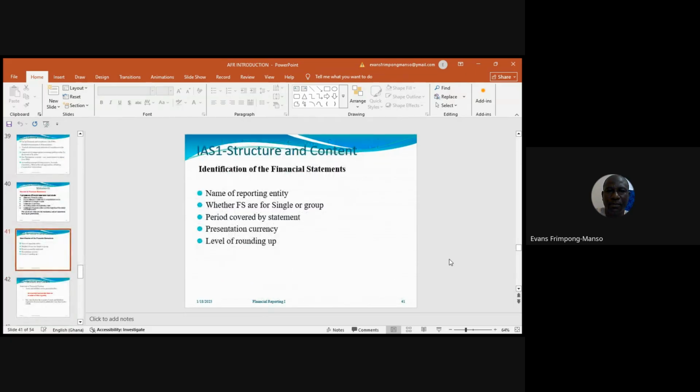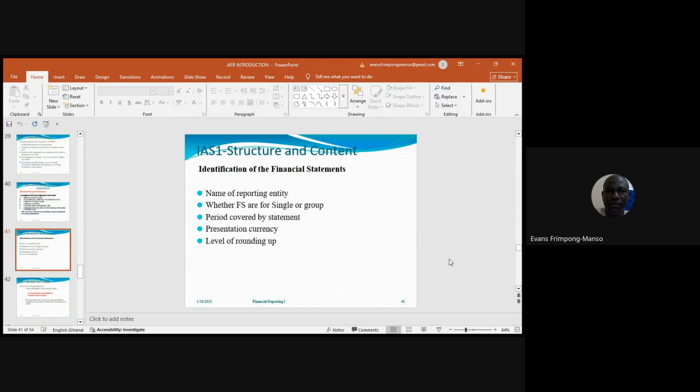Let's look at each of them. When you are preparing any financial statement, and it's very, very important, the following must be borne in mind. 1, you have to write the name of the reporting entity.